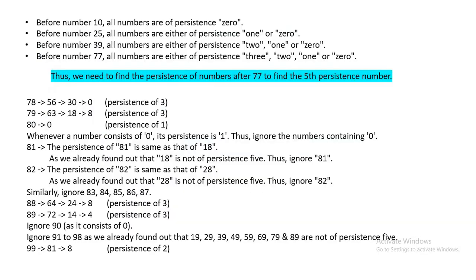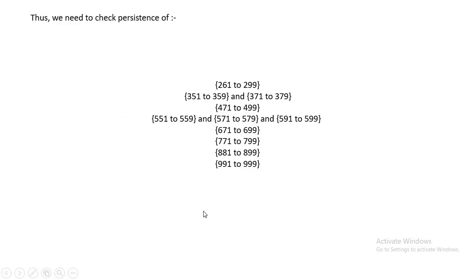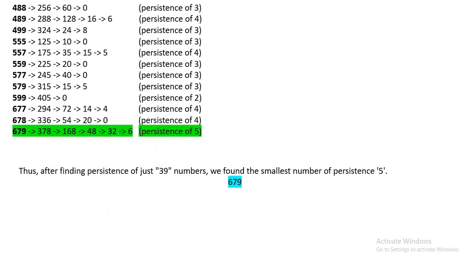So by calculating the persistence of 5 numbers in the beginning and 34 numbers here, we are able to get the 5th persistence number, which is 679.